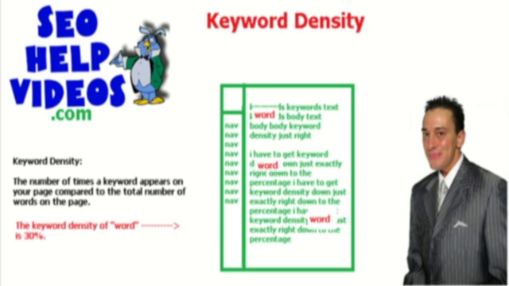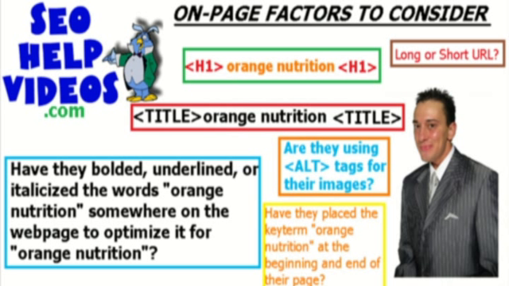So, before we move on, I think it's important for you to know that what you've learned so far up to this point are only on-page optimization methods. Now, these are things you should definitely do to your web pages, but they will really only move your website up so much in the search engines.